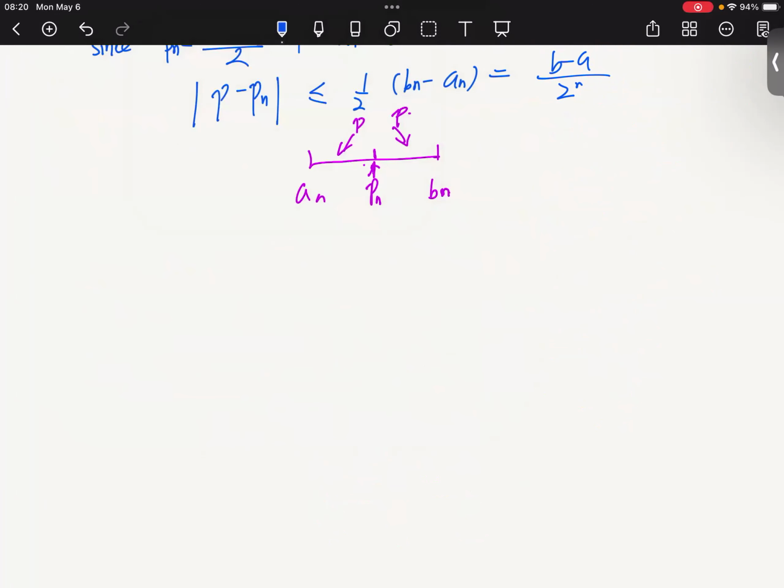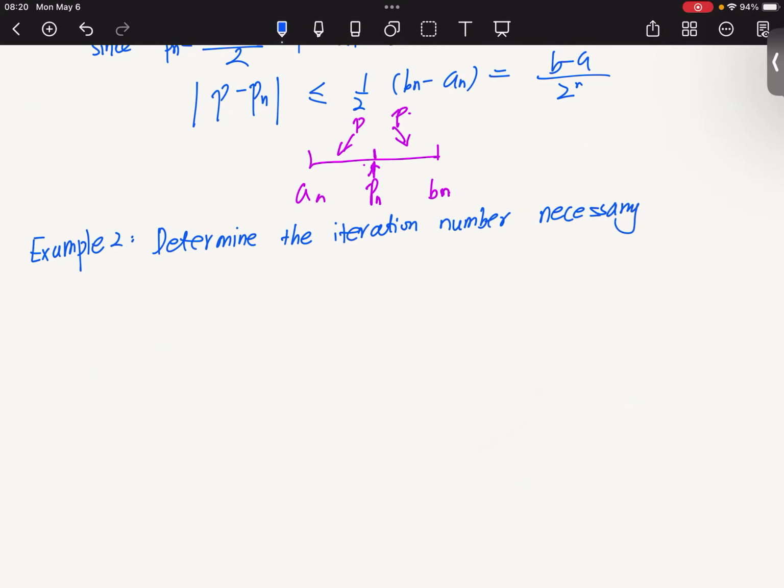So there is one example here, regarding this convergence rate theorem. This is example 2 in the textbook. We need to determine the number of iterations necessary to solve f(x) equals x cubed plus 4x squared minus 10 equals 0.